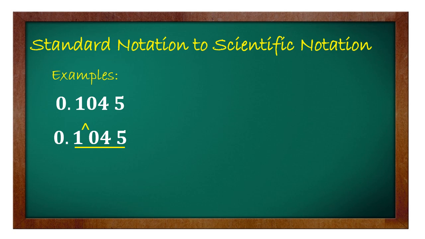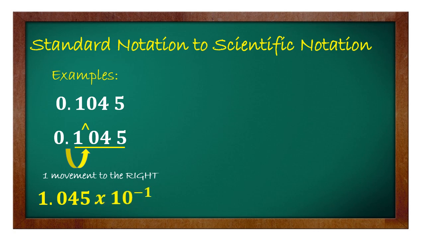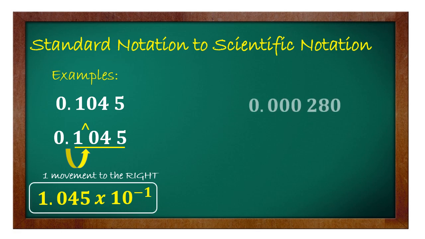So, ibig sabihin, ang value ng A natin will become 1.045. So, mula dun sa original na decimal point natin, papunta dun sa decimal point ng significant figure natin, bibilangin natin. And we only have one movement to the right. So, dahil to the right siya, ibig sabihin, negative ang exponent natin. So, that will become times 10 raised to negative 1. So, we have a scientific notation of 1.045 times 10 raised to negative 1.